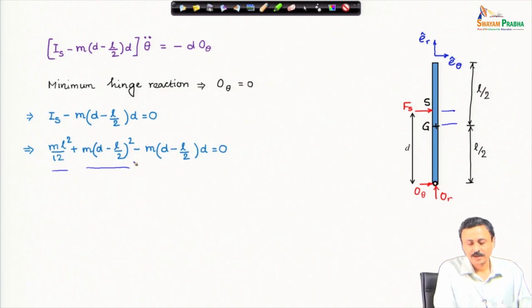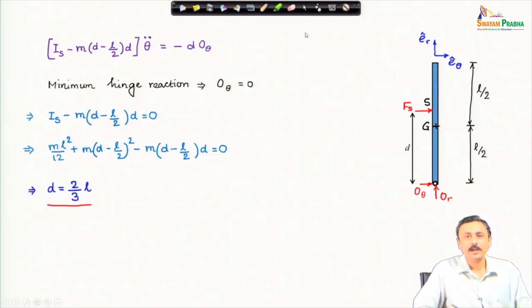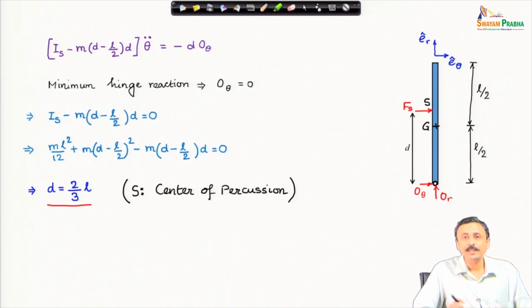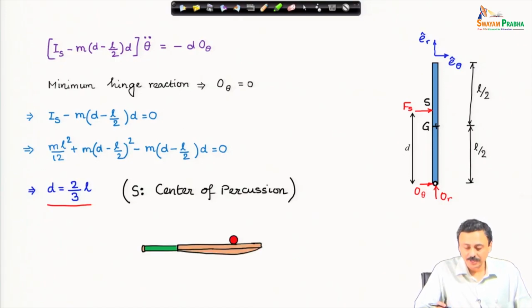So, that squared and minus this term is equal to 0. Solve for d, and it turns out to be a very simple expression in terms of the length of the door. It is 2/3 the length. This point S, at distance d from the hinge, is called the center of percussion.